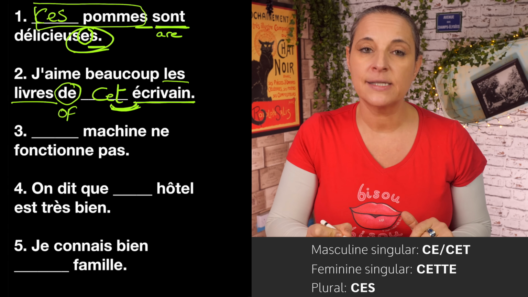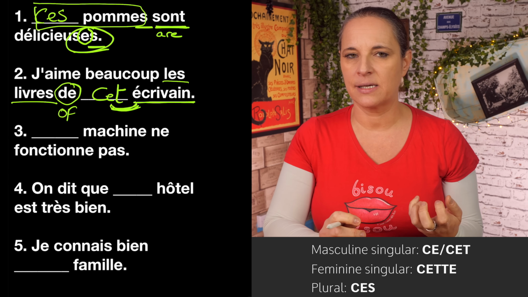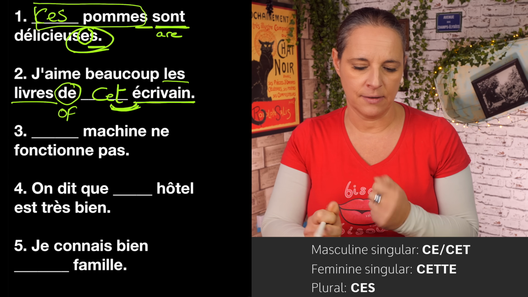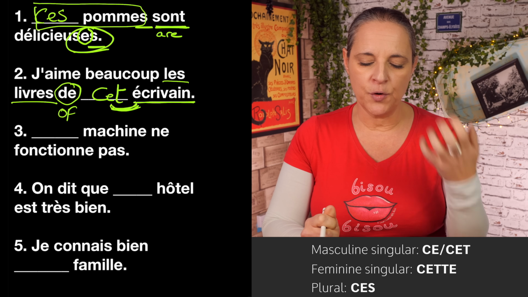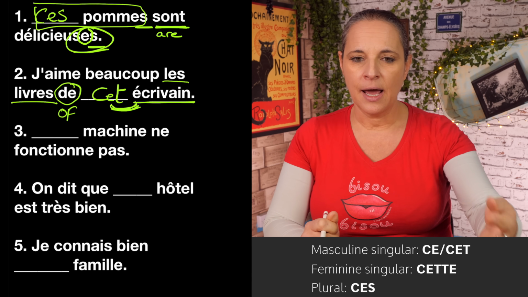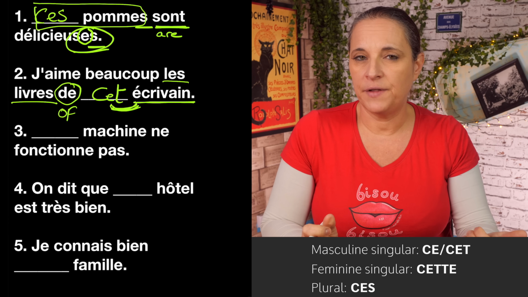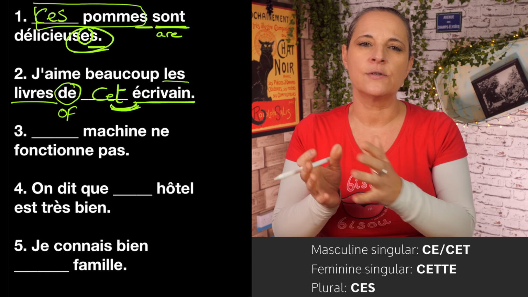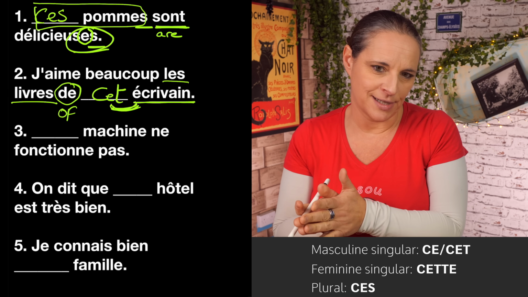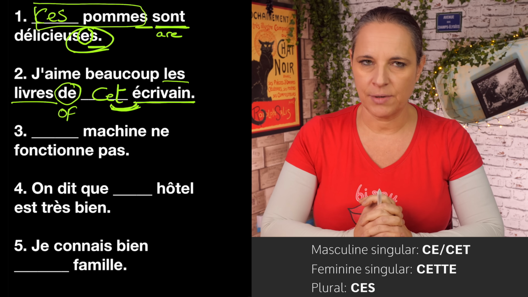Remember, there are two ways of using this in the masculine gender, ce or cet. So, j'aime beaucoup les livres de cet écrivain. I like the book of this writer. I like this writer's book a lot. That's what it means.